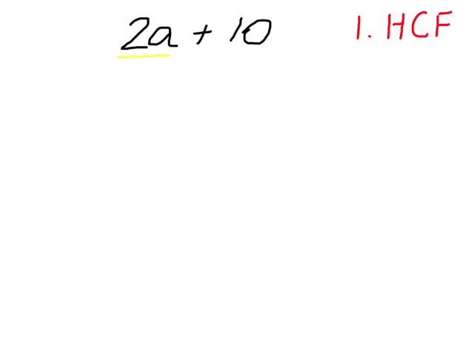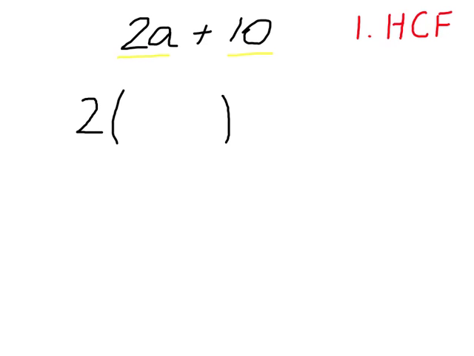So the factors of 2a are really just 2 and a. We ignore 1. Our factors of 10 are 2 and 5. Now the highest, or the only common factor there is 2. So what we do is we write down 2 and we put it in front of a set of brackets.